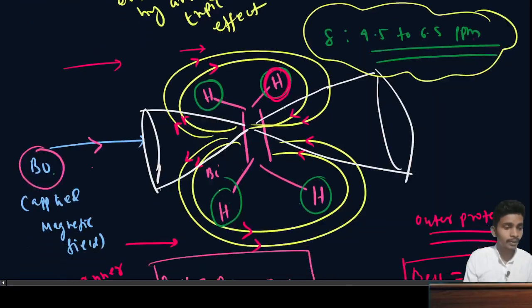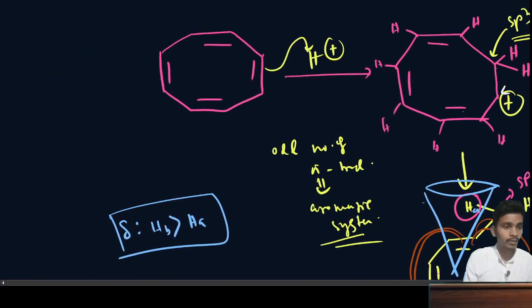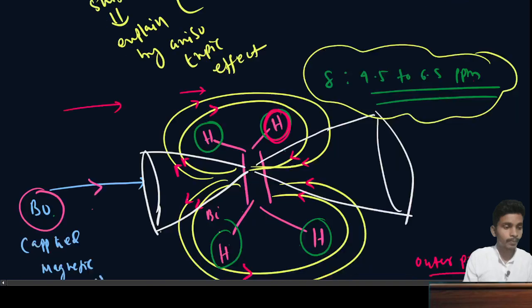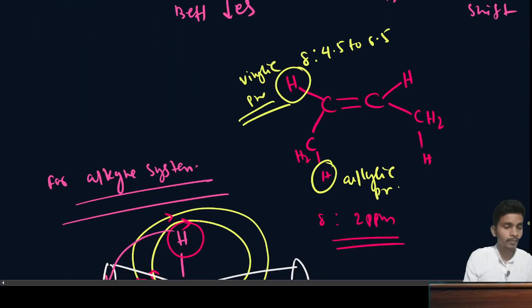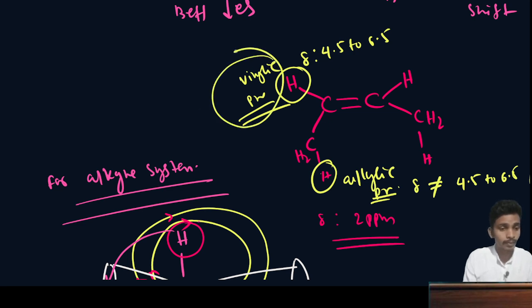This anisotropic effect is not applied to allylic systems. These protons' chemical shift is not 4.5 to 6.5 ppm, because this anisotropic effect is applicable only for the vinylic protons, not for the allylic protons.